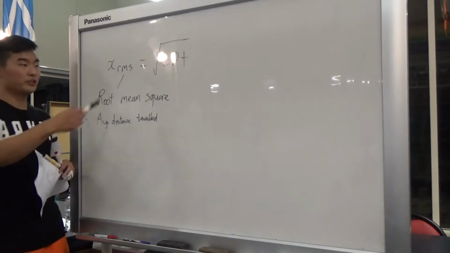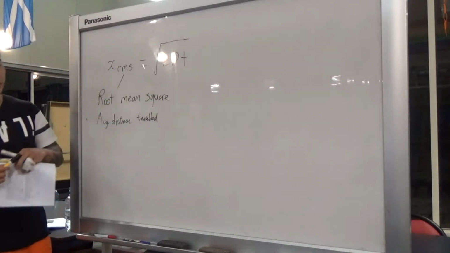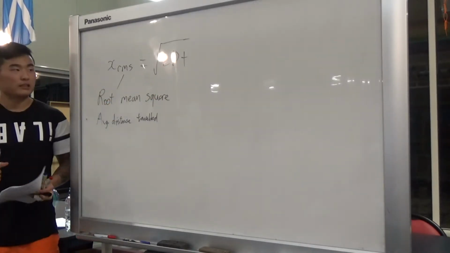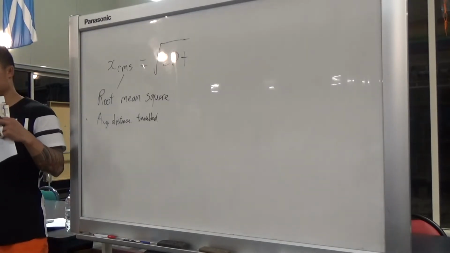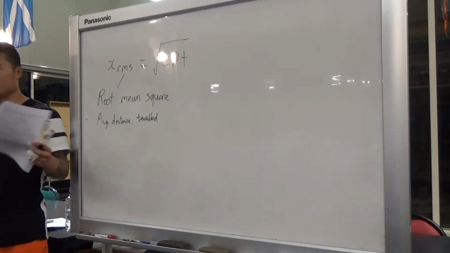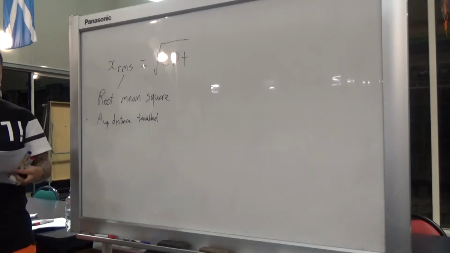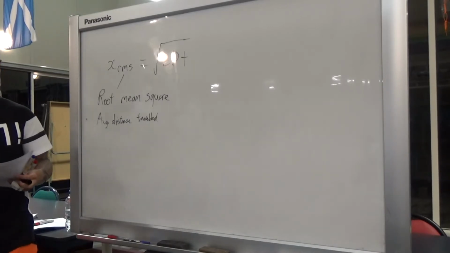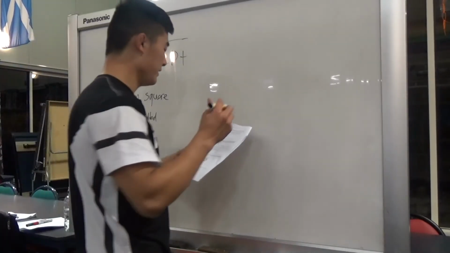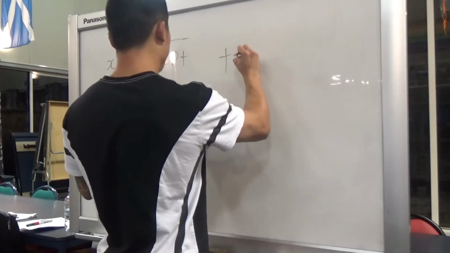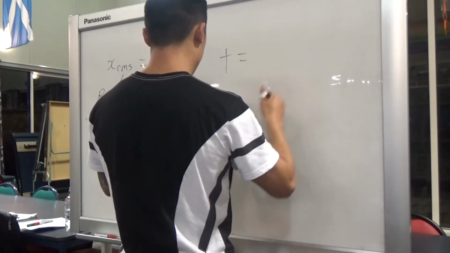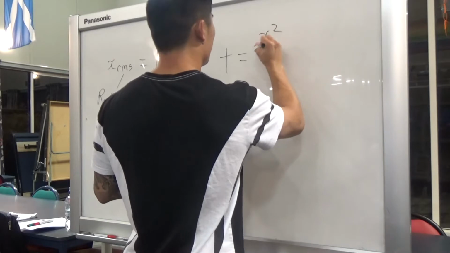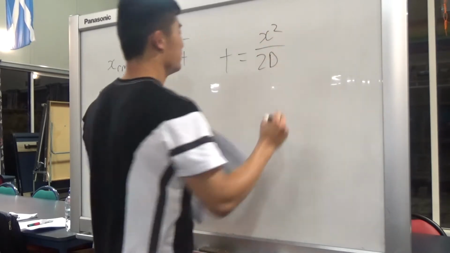D is your diffusion constant, so that tells you how much that material will diffuse. Here we want to find out the time, so we're just going to rearrange that. So t is equal to x squared over 2D.